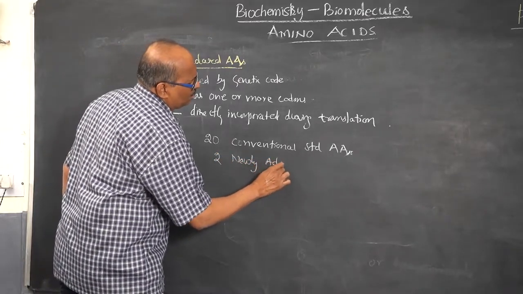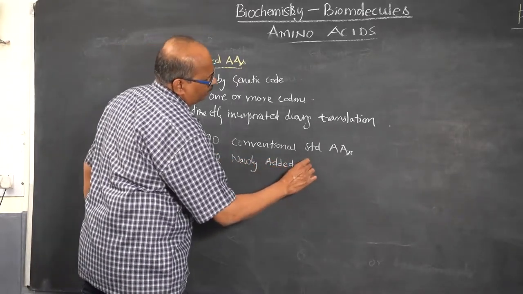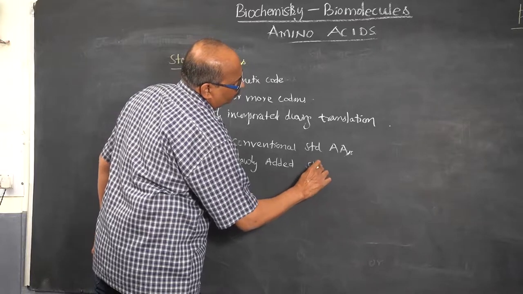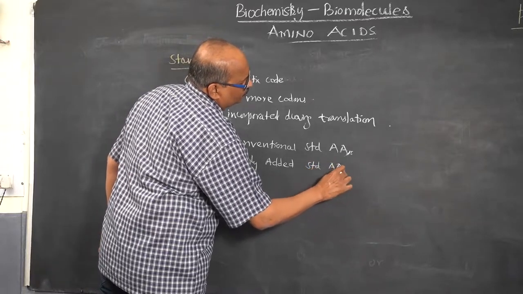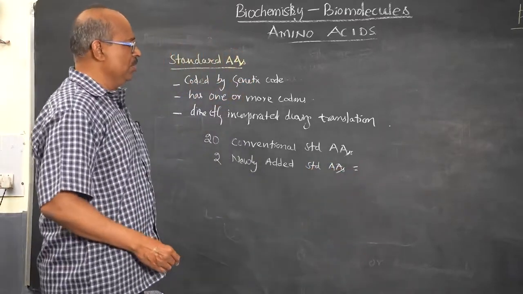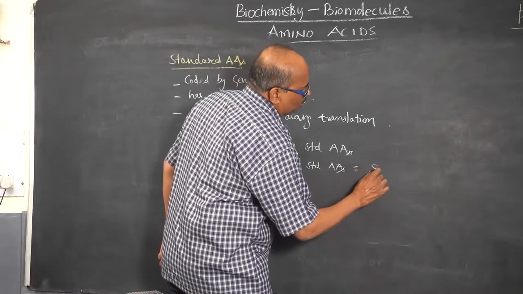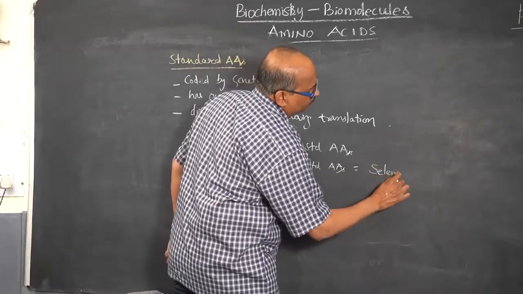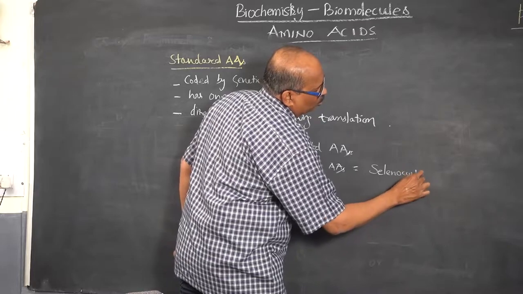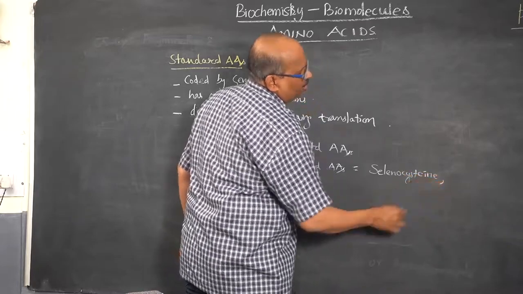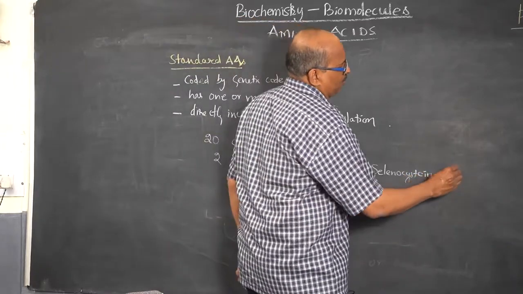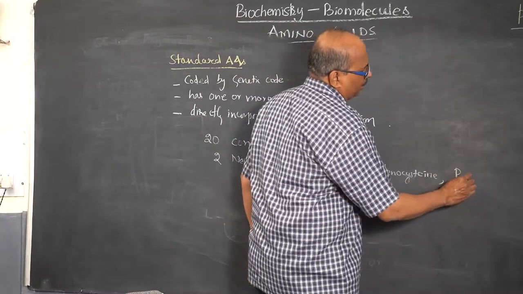This is about 20 years or so. So here we have one amino acid, selenocysteine, which occurs in both prokaryotes and eukaryotes. The second one, pyrrolysine, which is so far identified only in archaea.